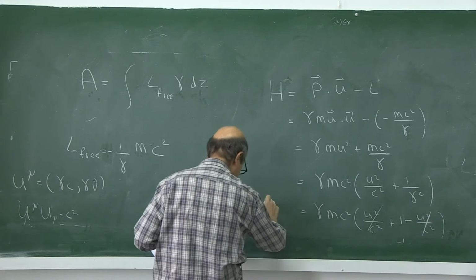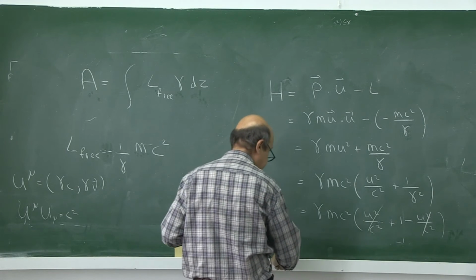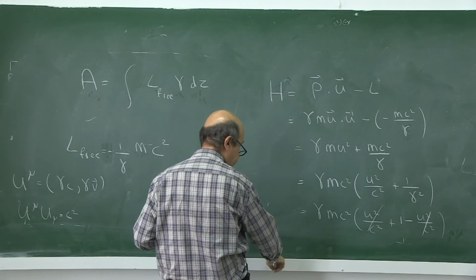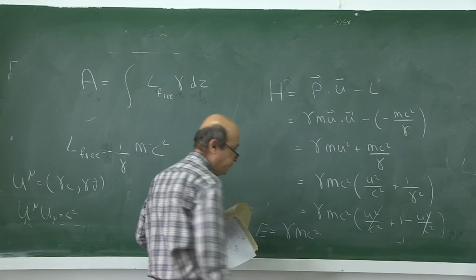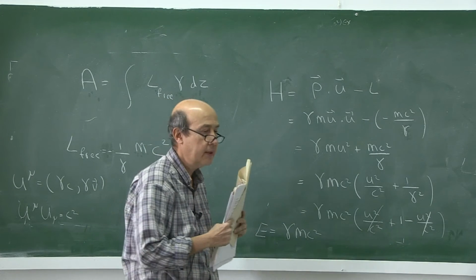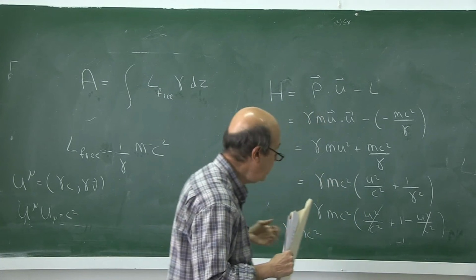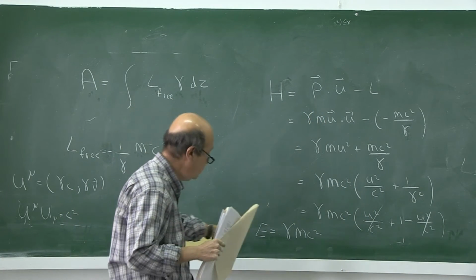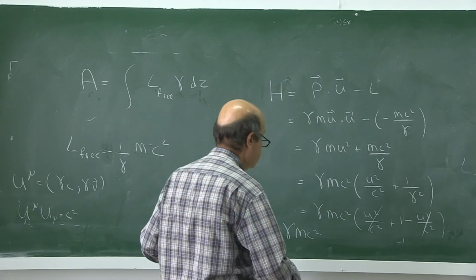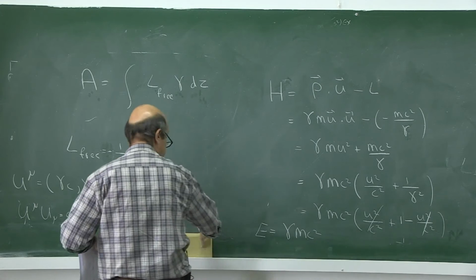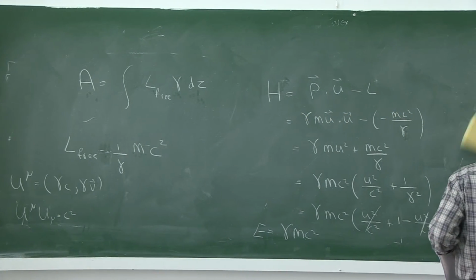So the energy will be gamma mc squared, the relativistic energy. We defined this Lagrangian, and using it we find this. So this Lagrangian is working well. And if you go to low speeds, you can again use the limits.